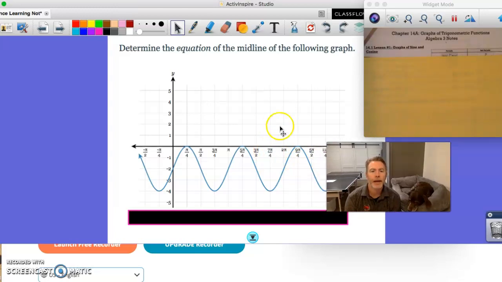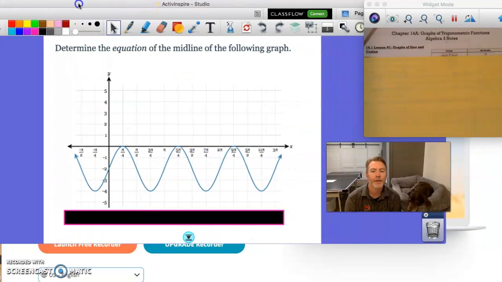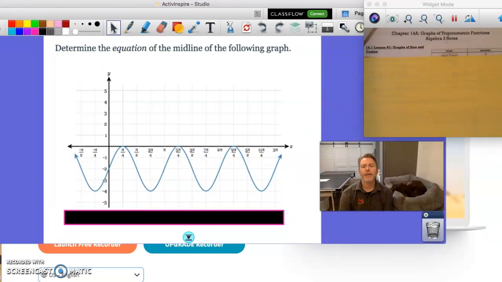Number one, we want to introduce what trig graphs look like. We're going to look at two of them: sine and cosine. The second big idea is some terminology that we're going to slowly build. The terms I want you to walk away with today are amplitude and midline.